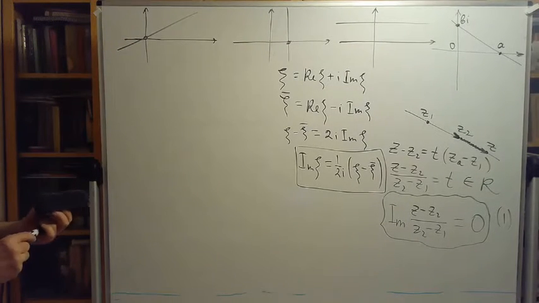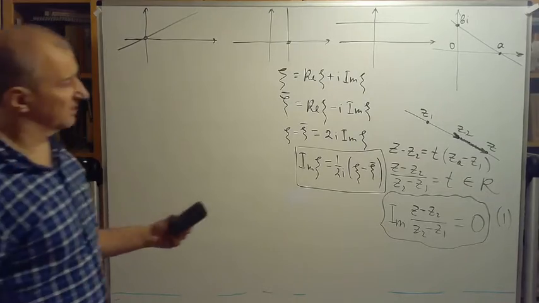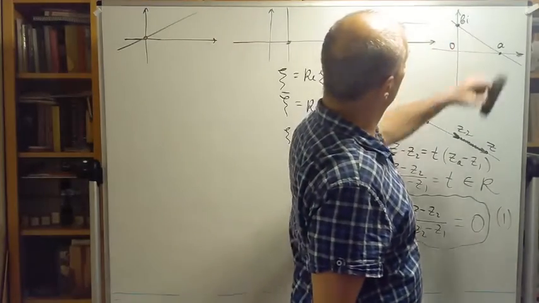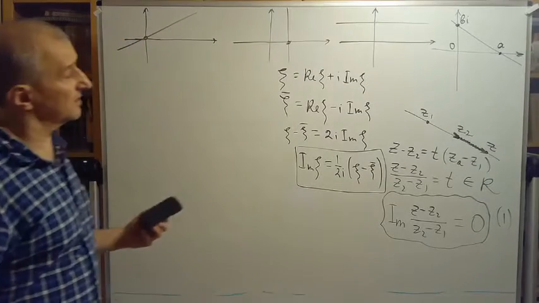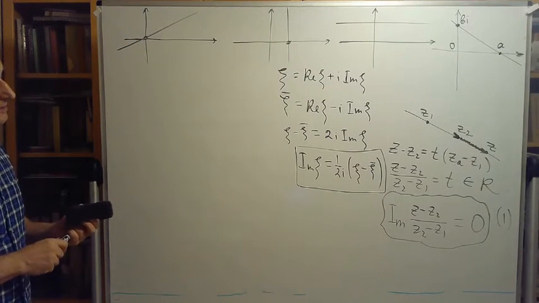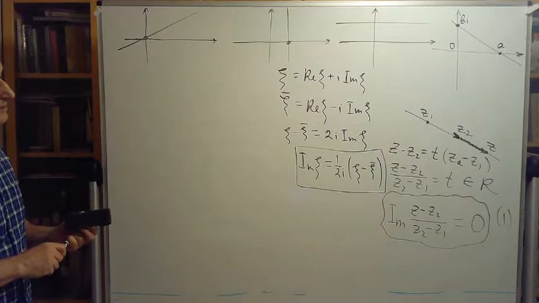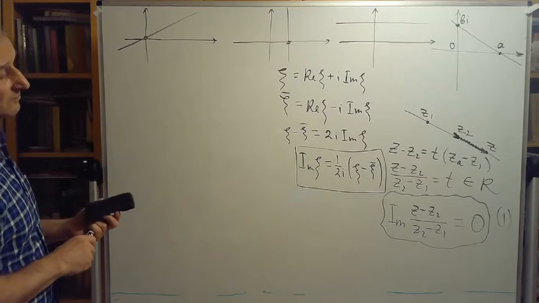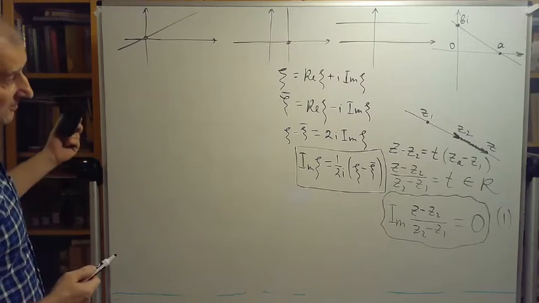Now, we could have taken arbitrary numbers Z1 and Z2, but it is convenient since the line will intersect both real and imaginary axes anyway. Then we will take one point Z2, for instance, on the real axis and Z1 on the imaginary axis.